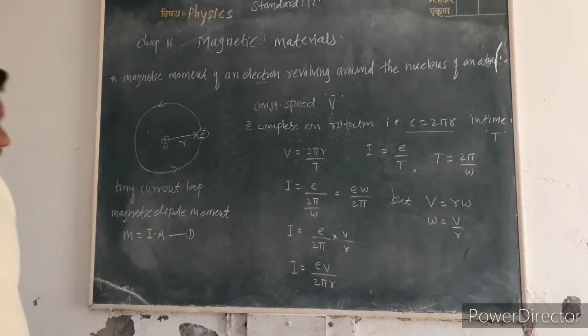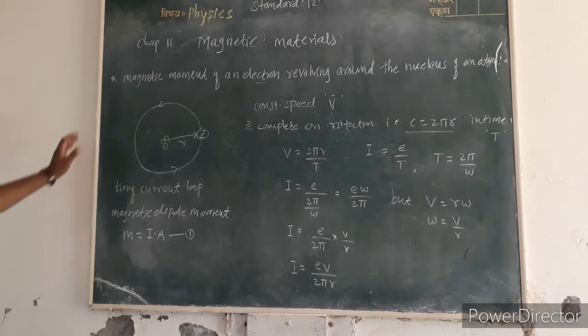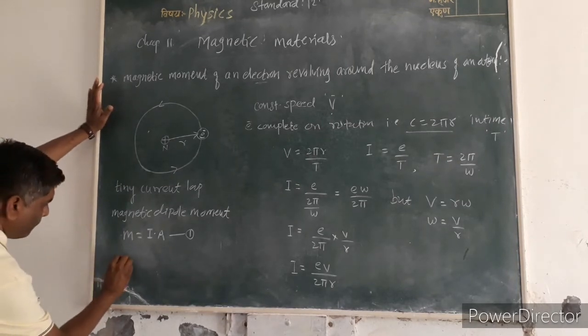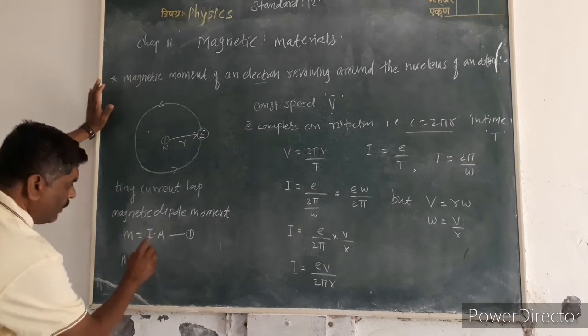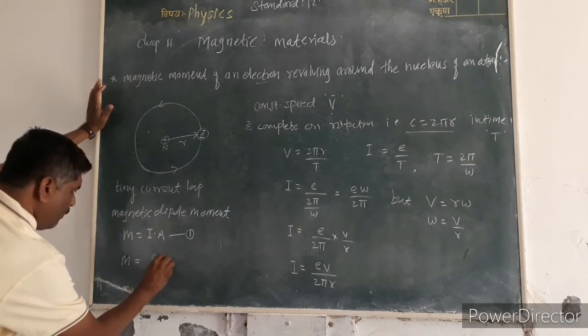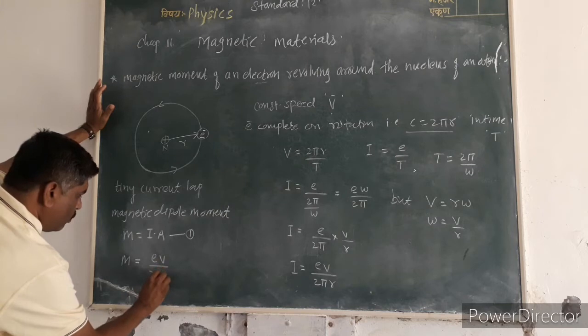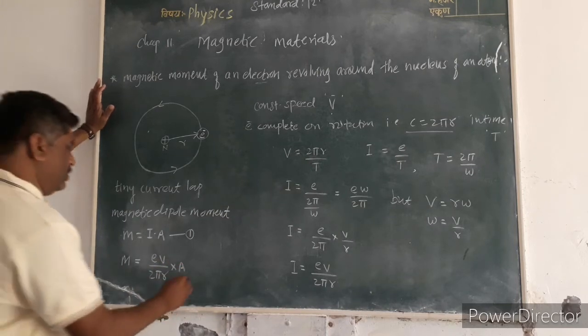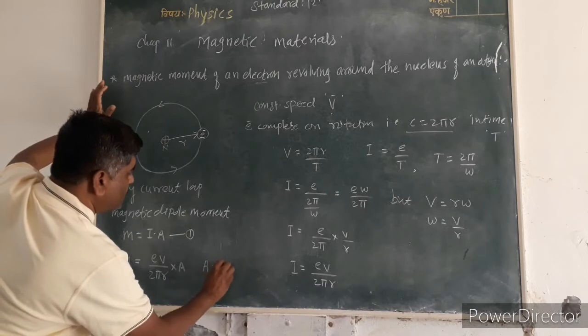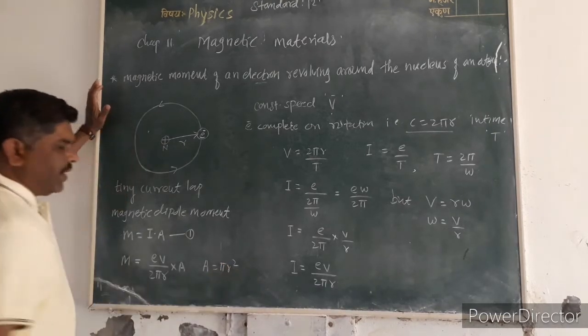We get M is equal to the value of I, ev upon 2 pi r, into A. But the value of A is pi r square.